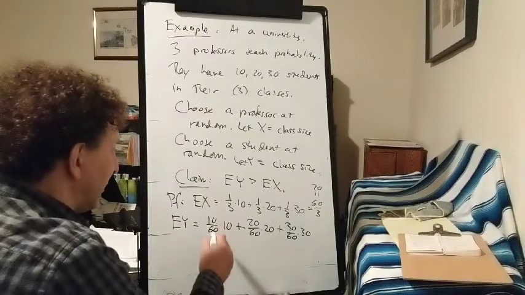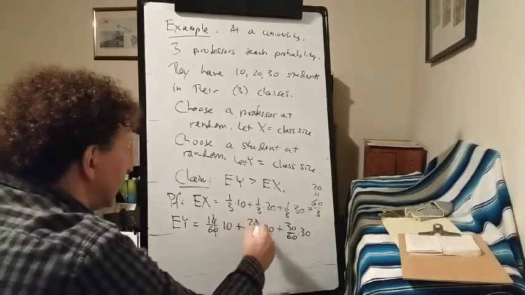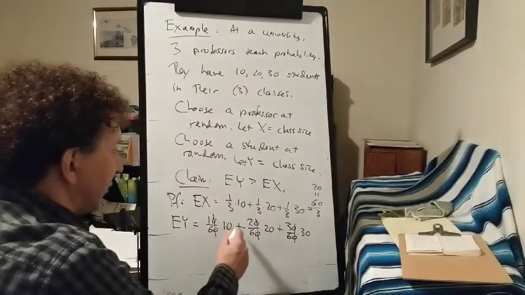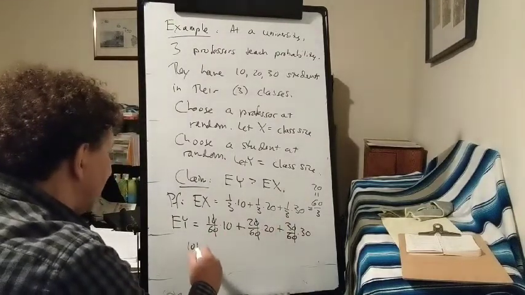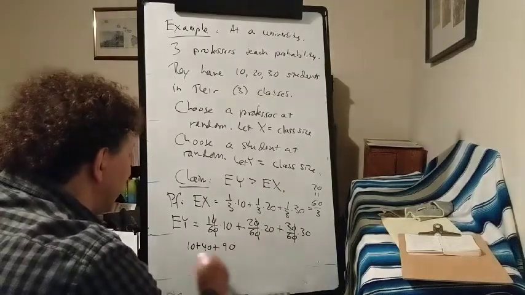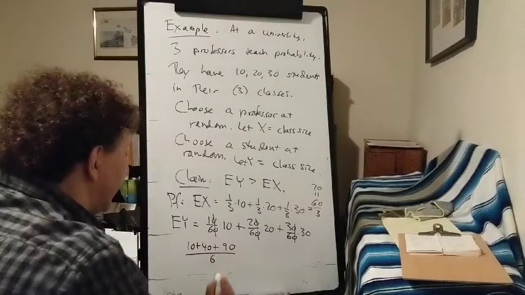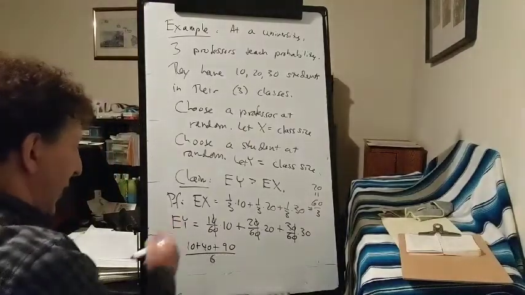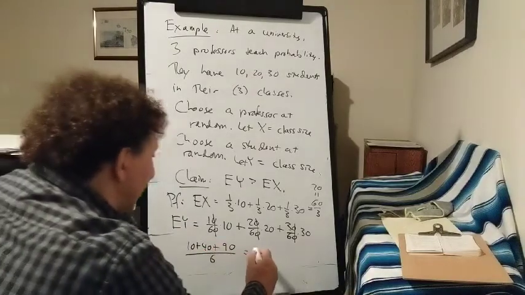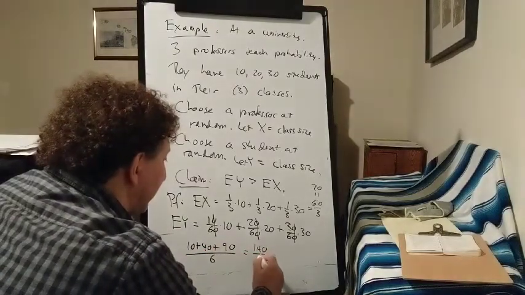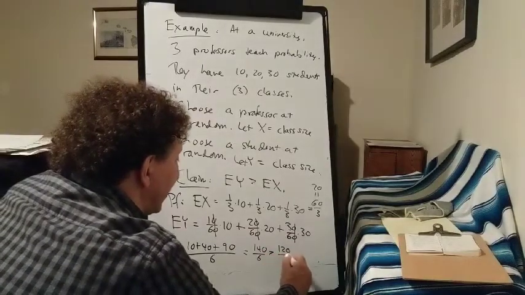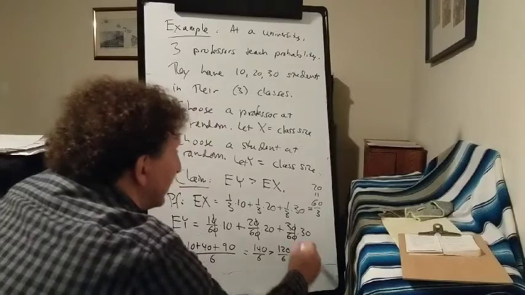So we can cancel zeros all over the place here. We've got 10 plus 2 times 20, which is 40, plus 3 times 30, which is 90, all over 6, is the expected value of Y. So that's 140 over 6, which is greater than 120 over 6, which is 20.